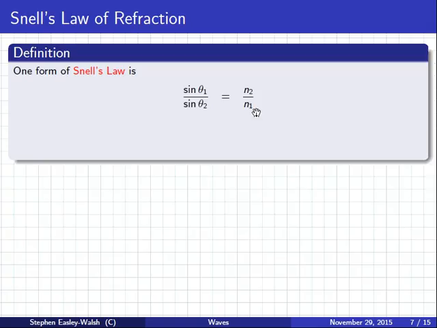So you have the two different materials like air and glass. So you have n1 and n2, and then you have one angle, theta 1, and then another angle, theta 2. Now I'll draw all of this, don't worry.